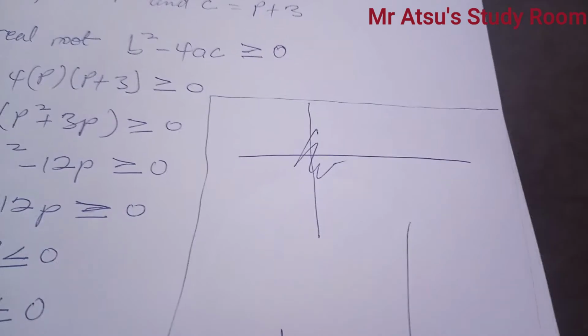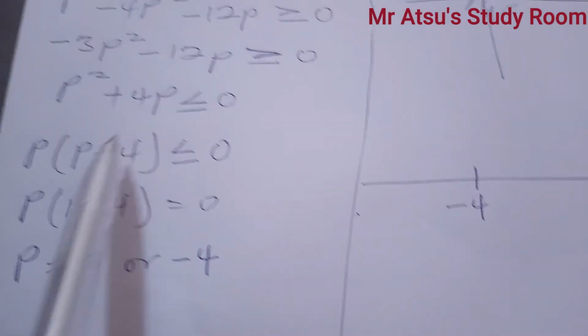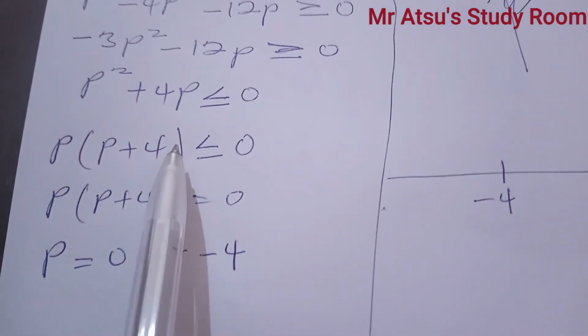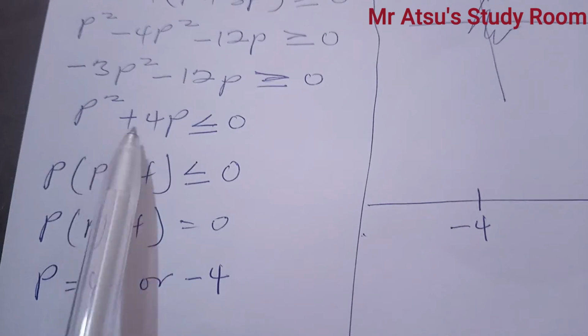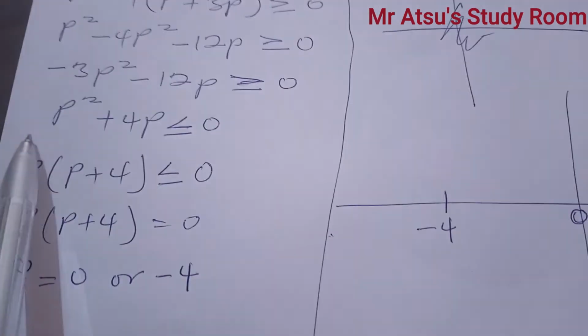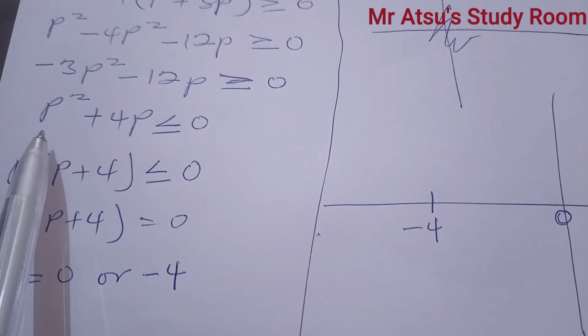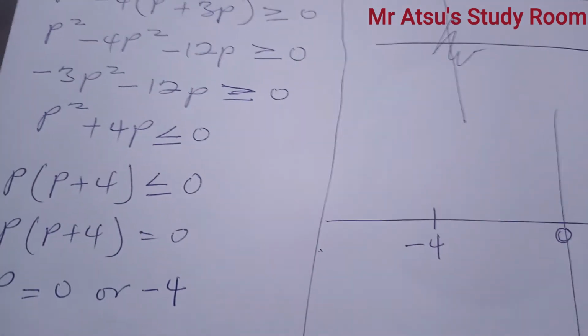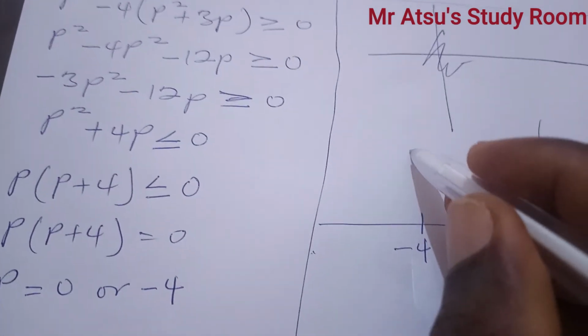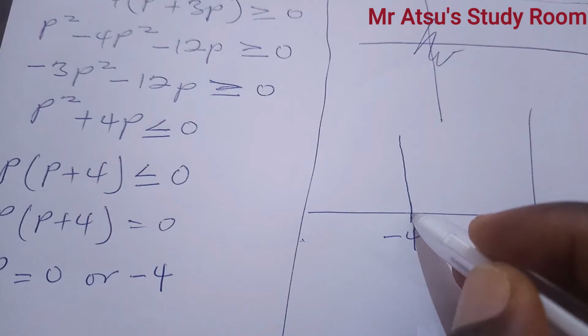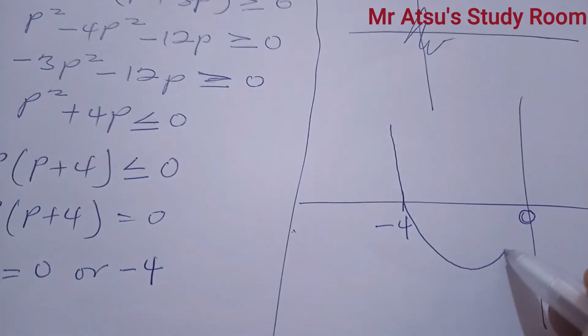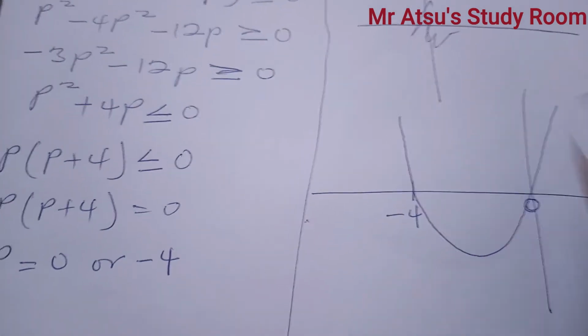Then looking at this inequality, our a is 1, which is positive. So our graph is going to be U in shape.